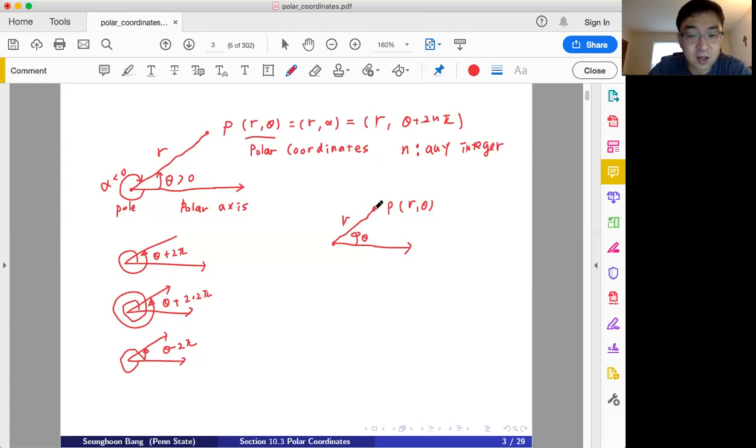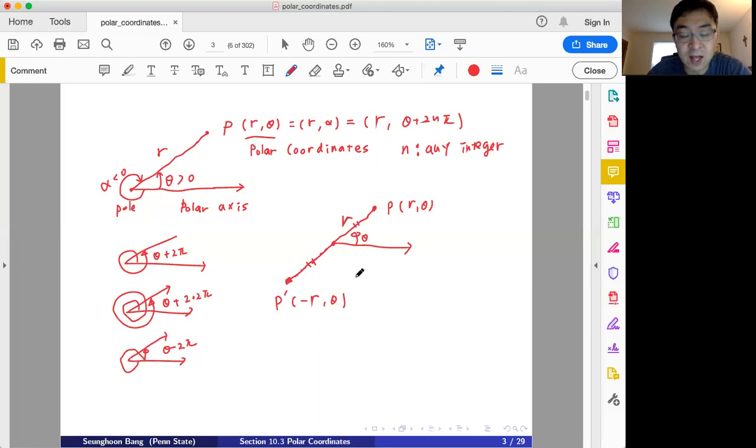The next thing, you have to reflect this point P about the pole. This is the same length, and here you reflect, like this. We call this point P prime. You can write it as (negative r, theta). This is the definition of negative length.